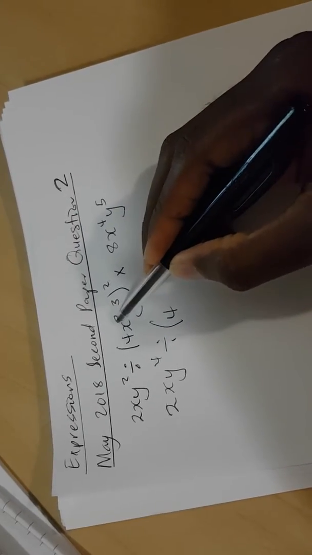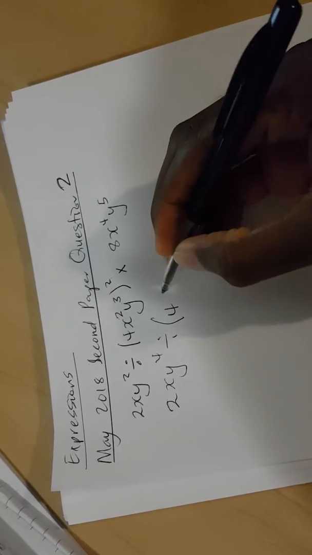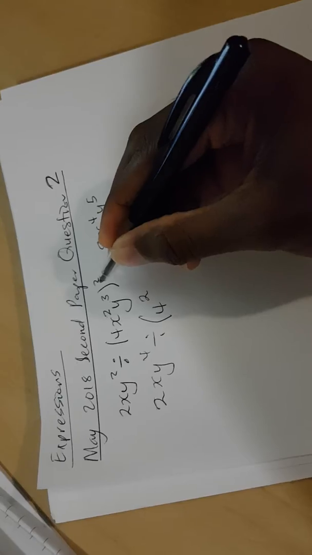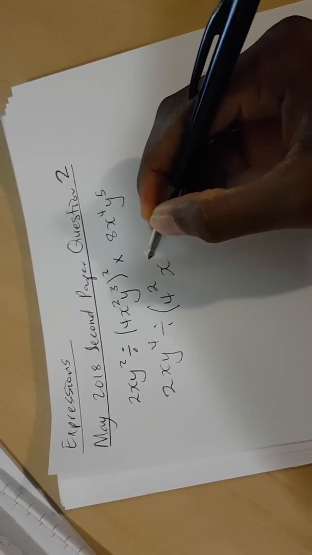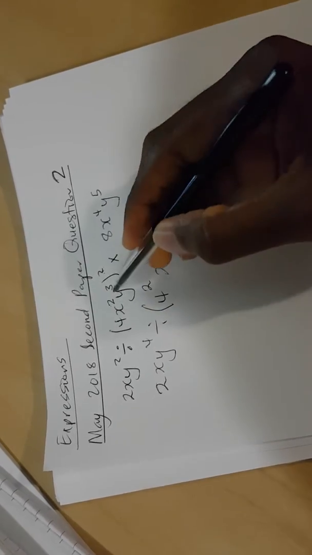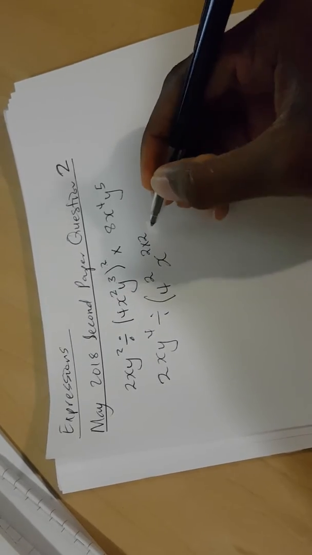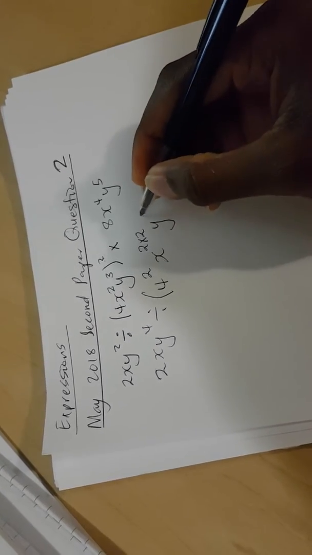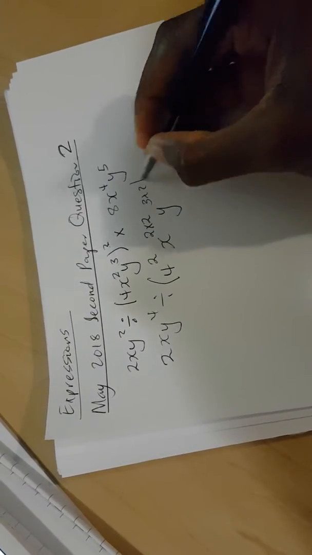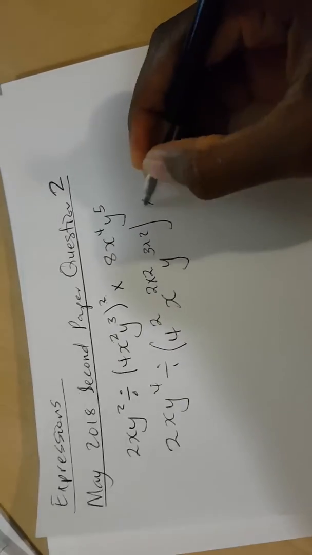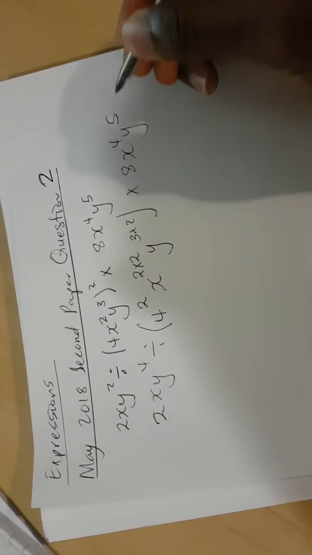So these exponents have to multiply the outside exponent, like 4 to the power of 2, x to the power of 2 times 2, y to the power of 3 times 2, close bracket, times 8x to the power of 4 y to the power of 5.